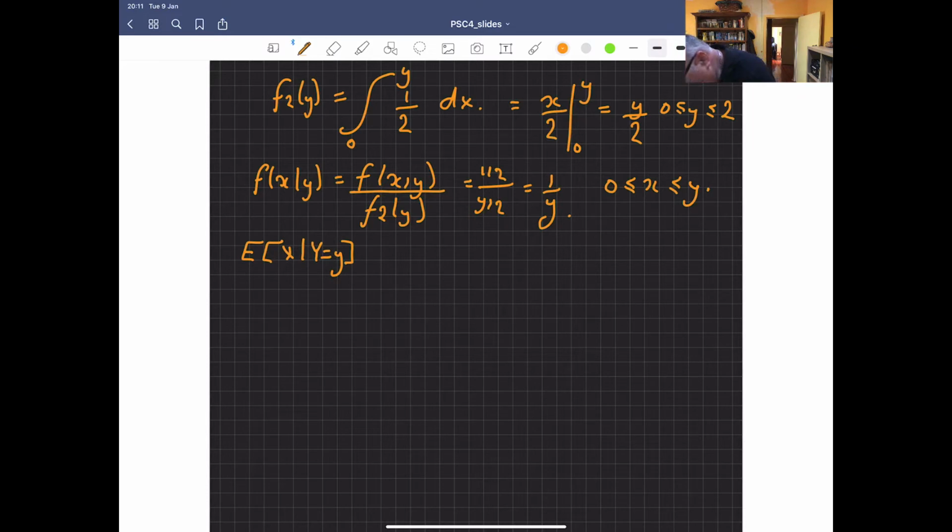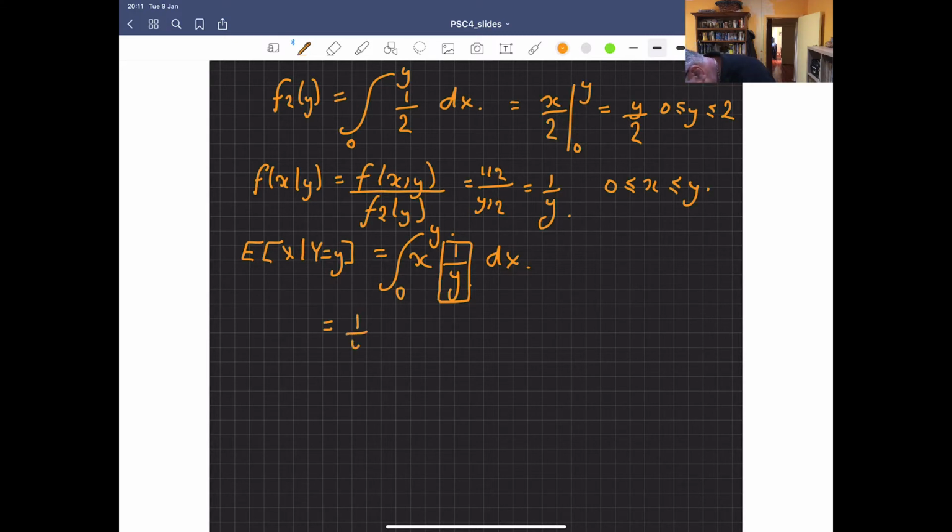So what we're going to do, this is a function of x, so we're going to integrate over x. We're going to write our function, which is x, and our PDF, which is 1 over y. And x goes from 0 to, let me just check that, x goes from 0 to y. So just remember this is a constant term.